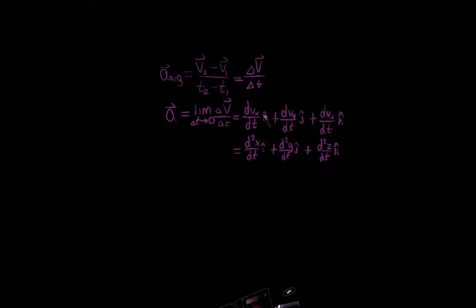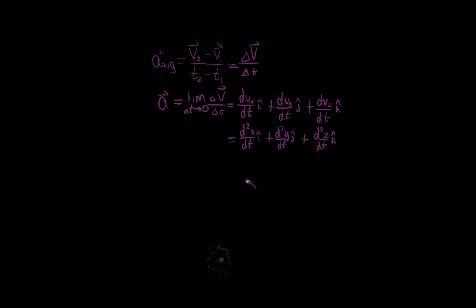So vx is just dx/dt, vy is dy/dt, and vz is dz/dt. And likewise, ax would be dvx/dt, or d squared x/dt squared, and so on.